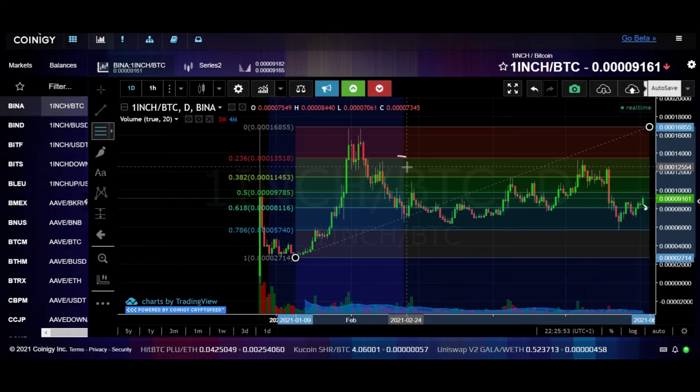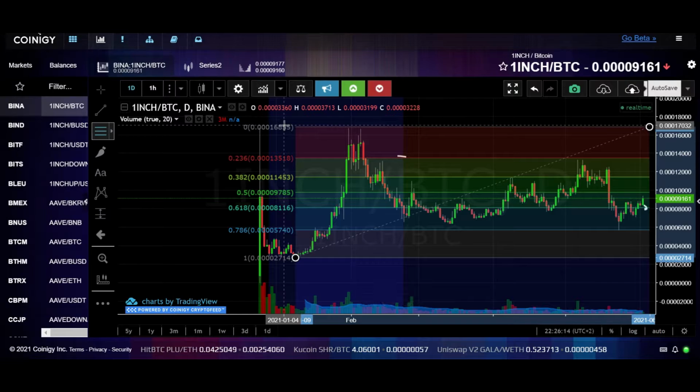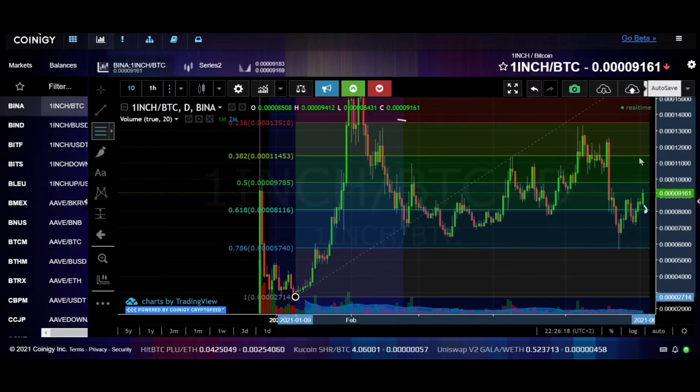So the little old lady does not want to buy. Let's make a little bit of an example here. Before we do this, let's just say you have 1 Bitcoin and you want to invest it in something. So the little old lady only buys at the 61.8.